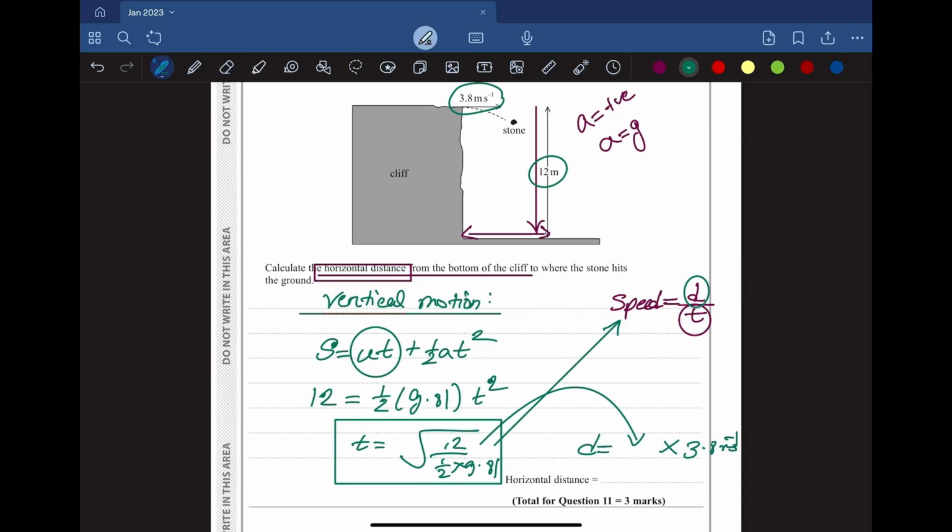So our correct answer will be equal to, let me calculate, it is going to be 5.9 meters. So this is basically our correct answer.